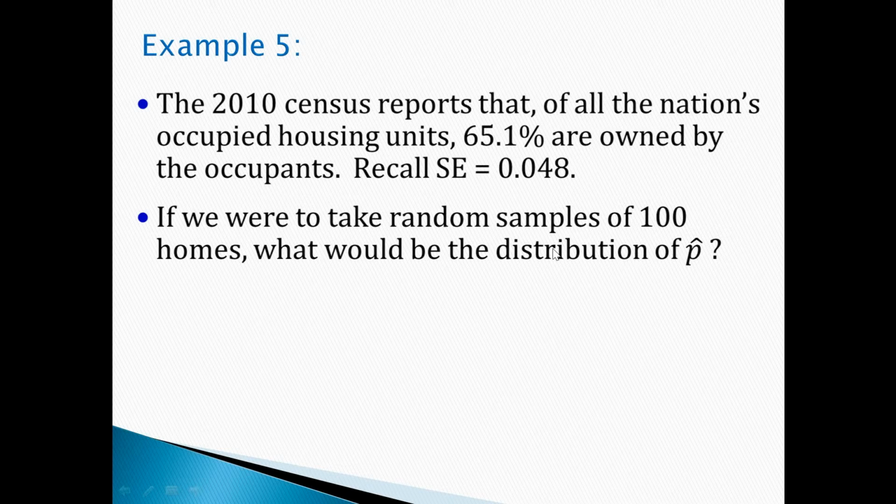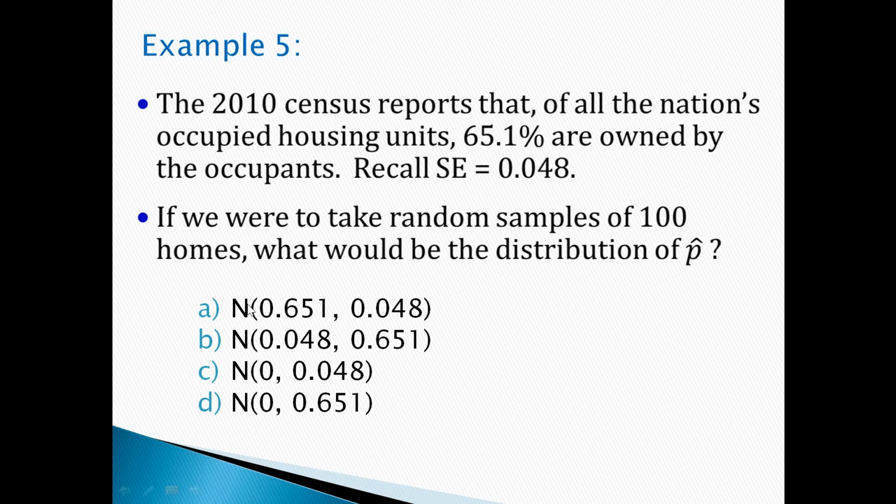And as we've said, the distribution for a large sample size will look like a normal distribution. So if you look at the sample size, this is 100 times the p is obviously larger than 10, and 100 times 1 minus p will also be larger than 10. So I can look at this distribution as a normal distribution. So if I look at my options, these are the options. So I know this is going to look like a normal distribution. It will be centered around the proportion, and in this case it is p, which is 0.651.